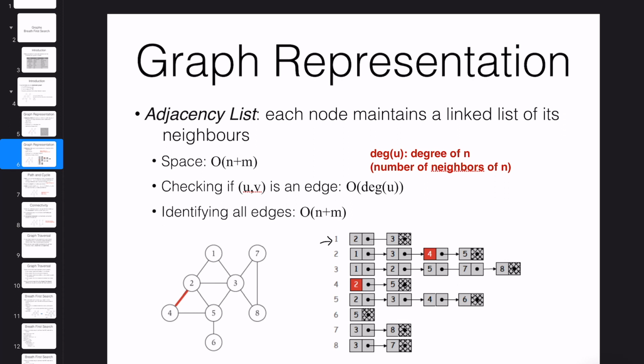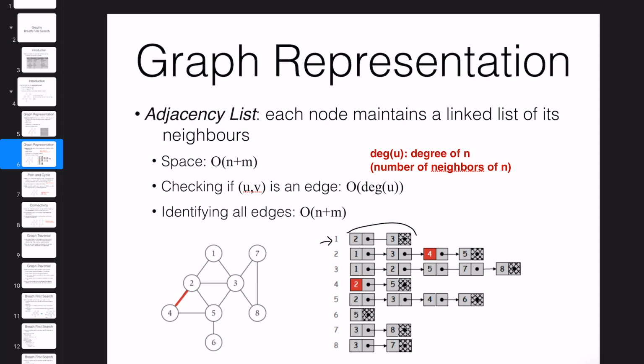So for example, for 1, you only have 2 neighbors, right? 2 and 3. There's a connection from 1 to 2 and 1 to 3. So in the linked list for 1, you only actually have 2 nodes. That shows the nodes 2 and 3.